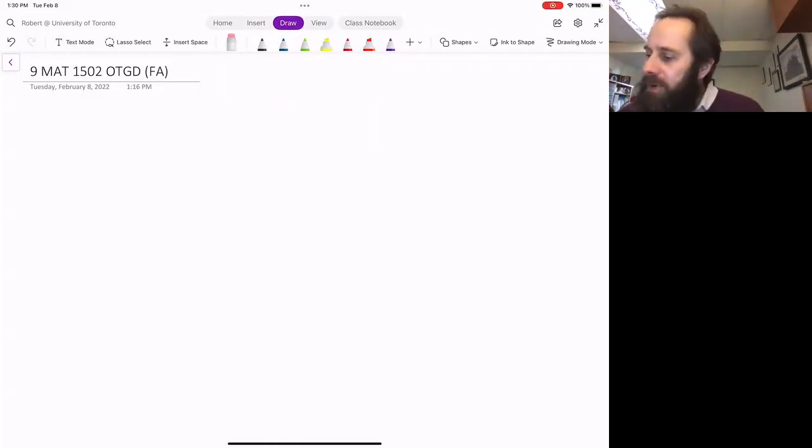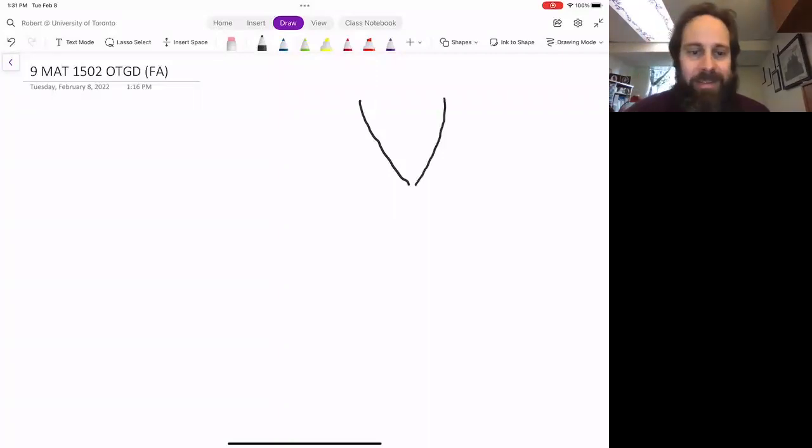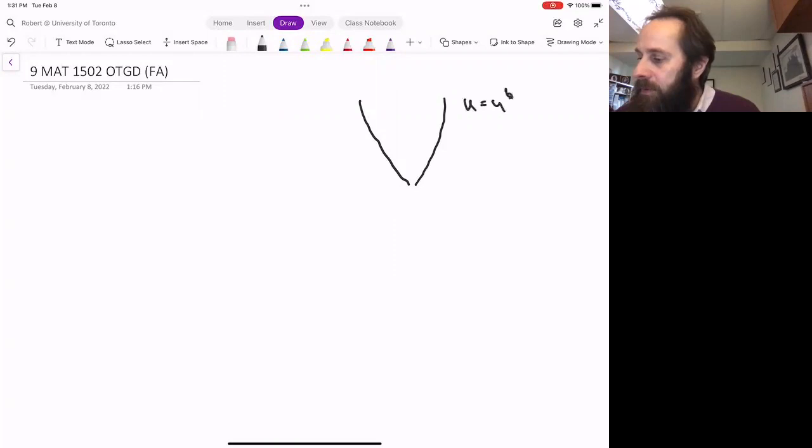So on Thursday we had this proposition that said, suppose we want to rule out points of non-differentiability of our potential. And so we imagine we're at a potential point of non-differentiability where the potential looks like this. That's U. It's its own second transform. And we picked two nearby points.